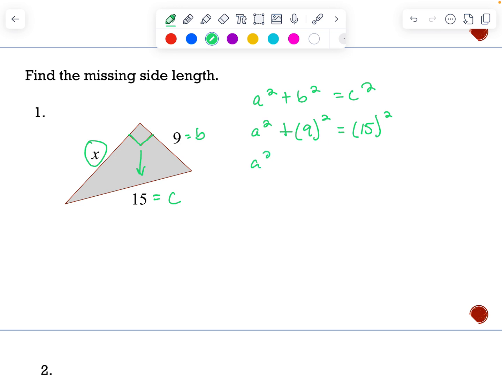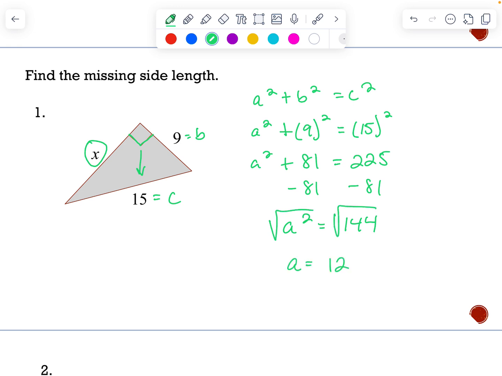Do some math to simplify. We know 9 squared is 81, 15 squared is 225, and now it's just a matter of solving for a. So I'm going to subtract 81 from 225. We get a squared equals 144. And then we take the square root of both sides, and we get a equals 12.